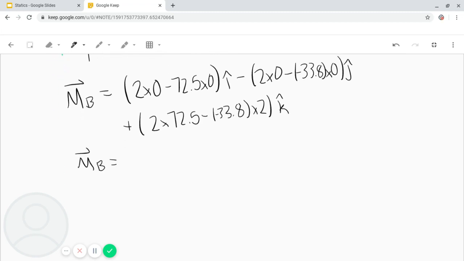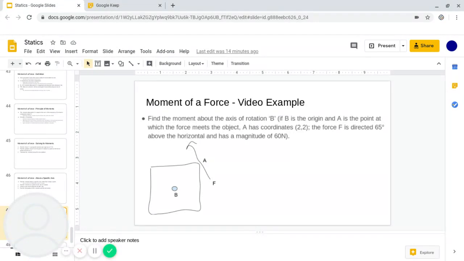So then our moment will end up being 0i minus 0j, I guess we could say plus 0j, and then, if my calculations are correct, we'll have 212.6k, and I believe that's all we need to find, yes.